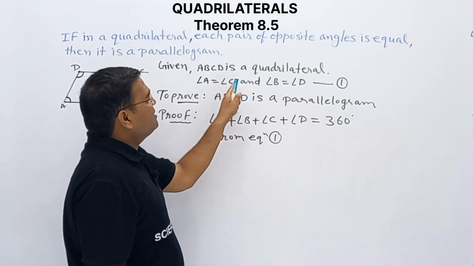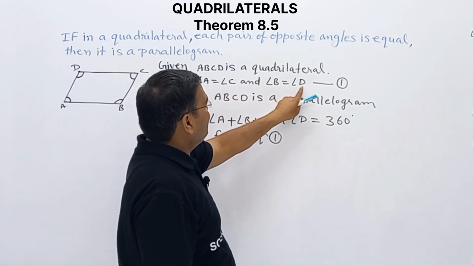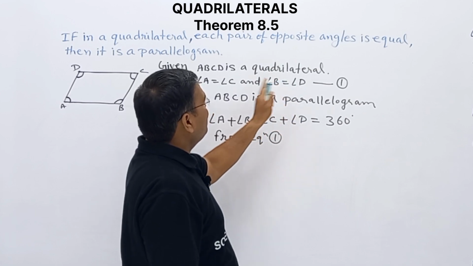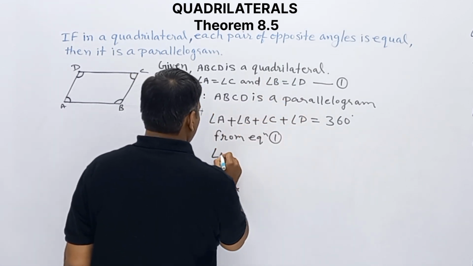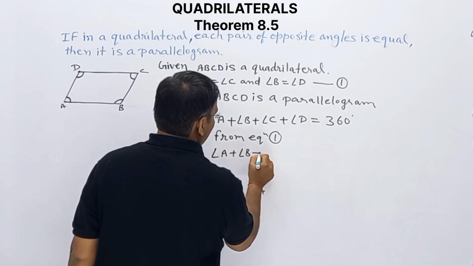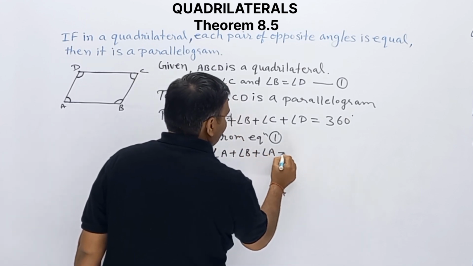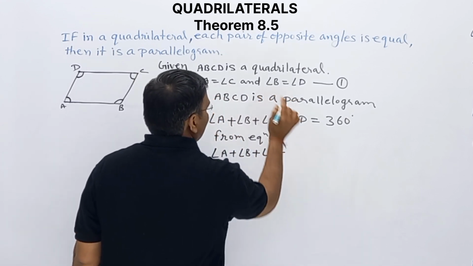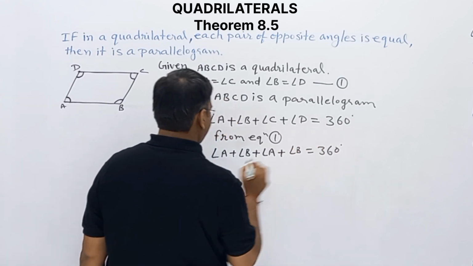Angle A equal to angle C, angle B equal to angle D. So put angle C equal to angle A and angle D equal to angle B. So from equation 1, this equation can be written as angle A plus angle B, plus at the place of angle C we write angle A, plus at the place of angle D we write angle B, equal to 360 degrees.